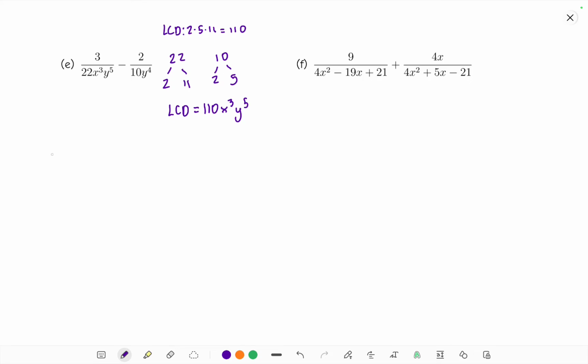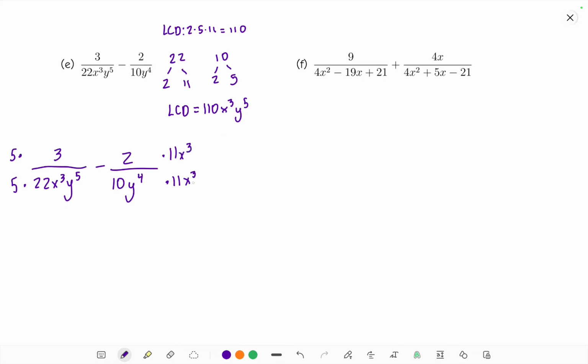Okay, so we get 3 over 22x cubed y to the 5th minus 2 over 10y to the 4th. The 22 needs to be multiplied by 5, and we already have the variables, so we just multiply by 5. The 10 needs to be multiplied by 11, but I'm missing an x cubed, so I need an x cubed.